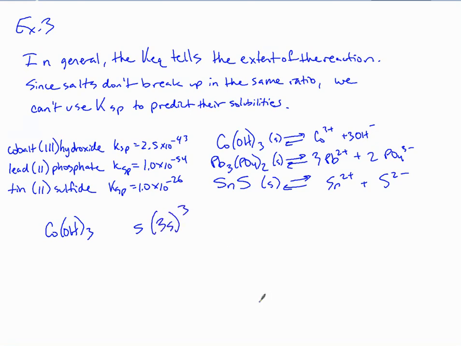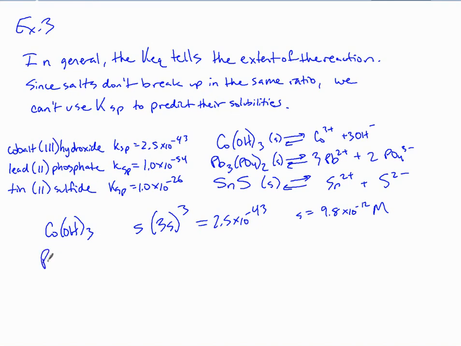Am I going to lose anybody going the shortcut method? And we know what the KSP is, so we put it in here. And then we can solve for S. So I've got it here, 9.8 times 10 to the negative 12th molar.